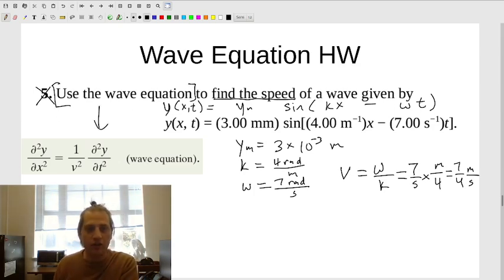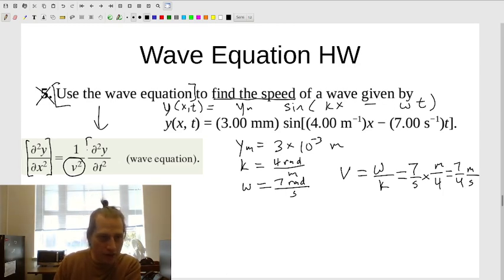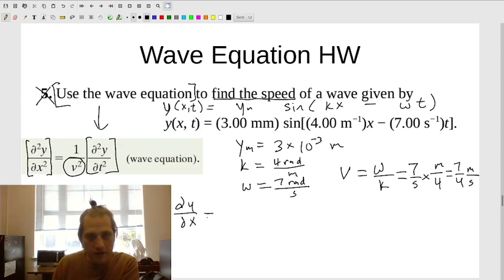That is the wave equation. So you have a v in here, and you're going to use that and find the speed. Now, into both sides, you're going to have to take these derivatives and put them in. So I will help you right now. We will do the left side derivatives. If we wanted to take dy/dx, here we would have to take the derivative of this thing with respect to x. So that would be 3 times 10 to the minus 3 meters.